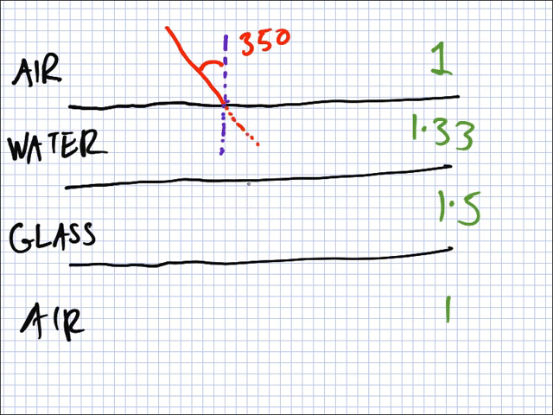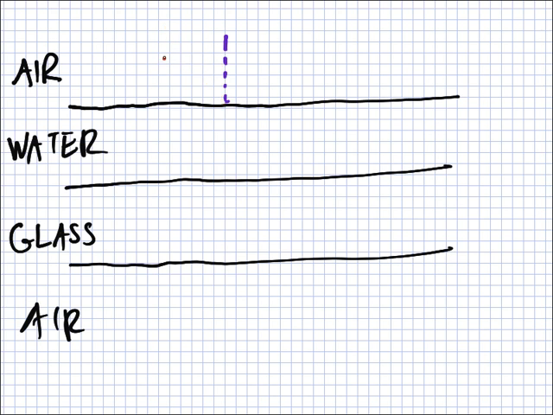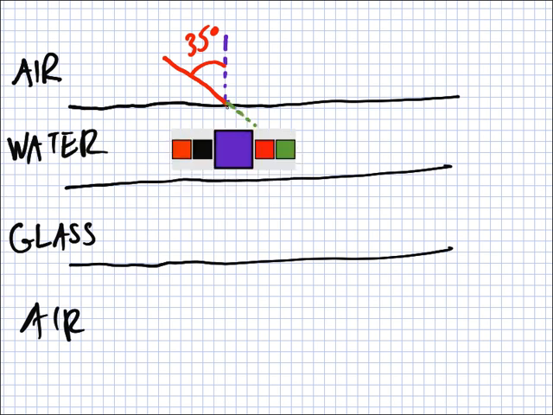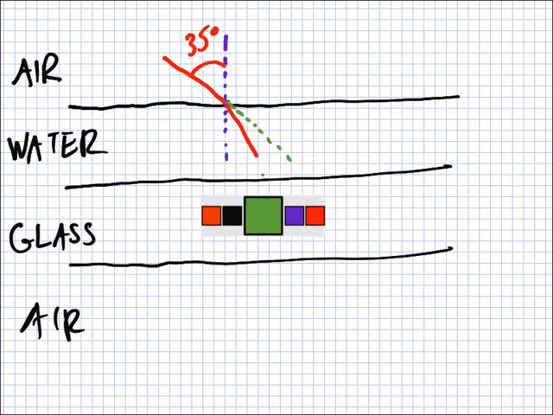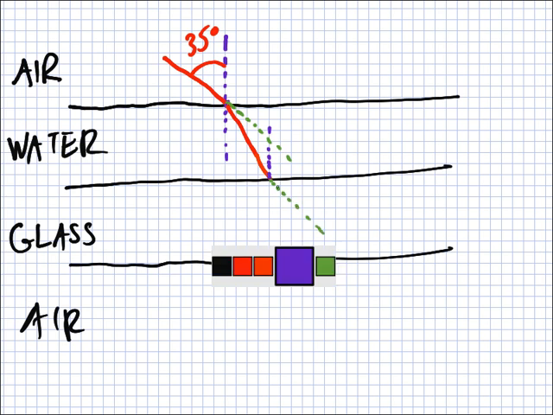How will I make this easier? If I make the first angle look much more than 35. There you go, 35. Decrease. So there. And then dot blue, dot green, dot blue.